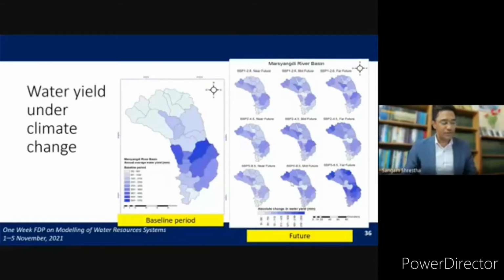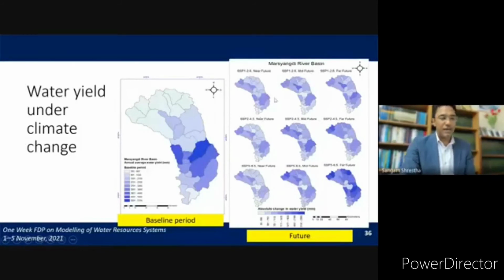Similarly, we also calculated how the water yield will change in different sub-basins to see the spatial variability of the water yield under climate change. On the left-hand side, this is the water yield in the baseline, okay, no climate change.